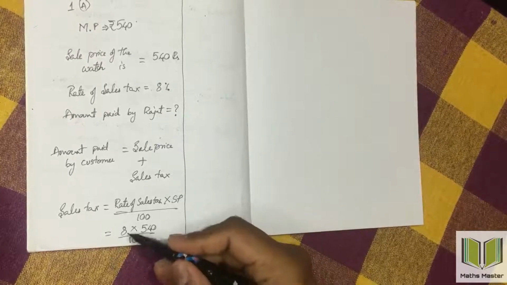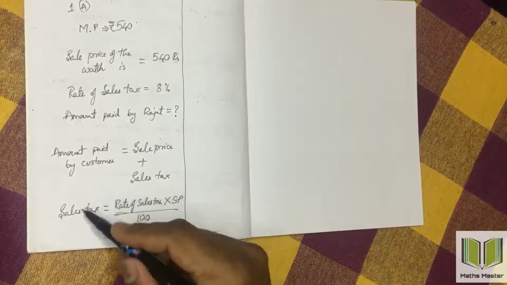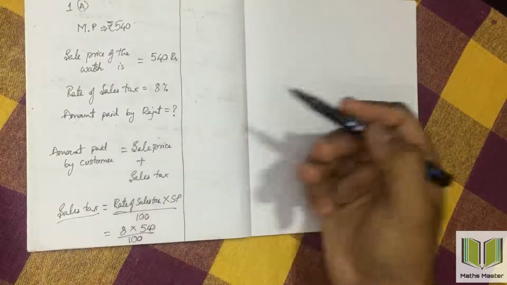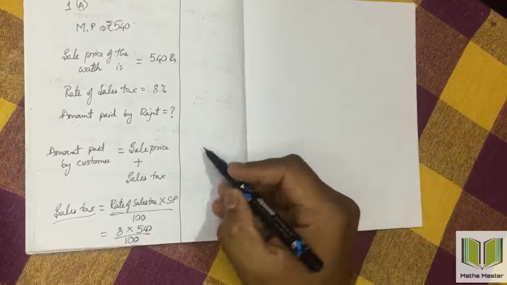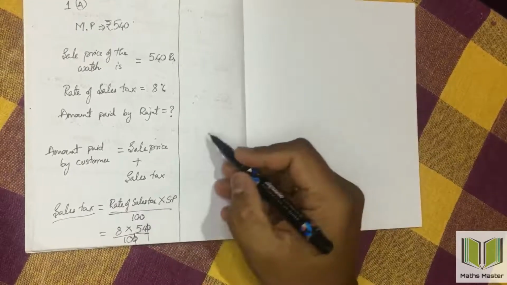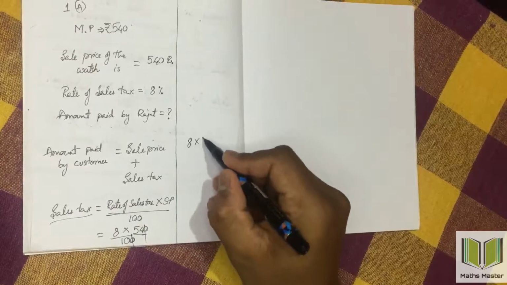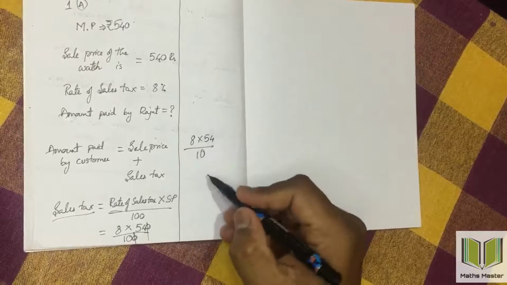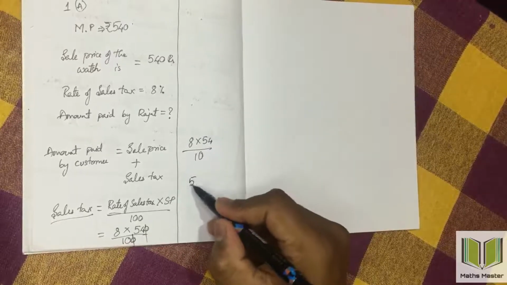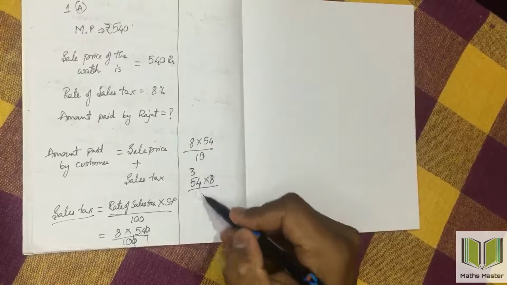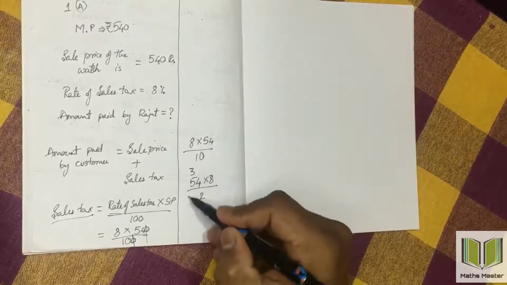Okay, now once I find the sales tax, whatever value I get will be added to sale price to get the amount paid by the customer. That's as simple as that. Let's do the working part. The 0 and the 0 get cancelled. We'll be getting 8 into 54 divided by 10. 54 multiplied with 8: 8 4s are 32, 8 5s are 40, plus 3 is 43.